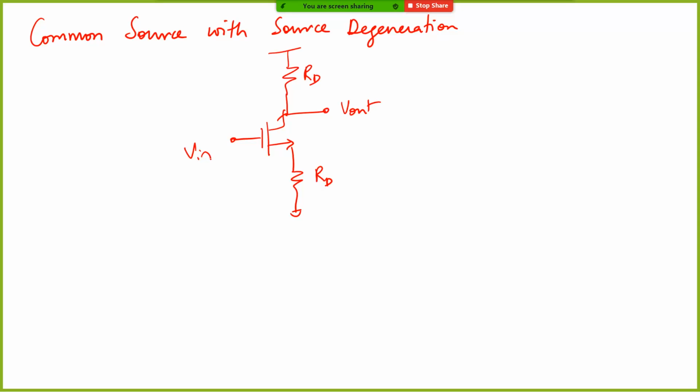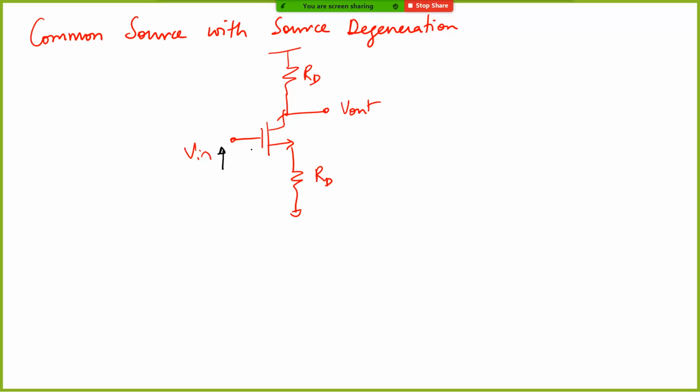I hope all of you are familiar with the concept of source degeneration. Basically, this acts as a negative feedback loop. In what way does it act as a negative feedback loop? Suppose, let's look at the DC first. If Vin increases by a small amount, I'm not talking about large jumps, let's say Vin is increasing by a small amount.